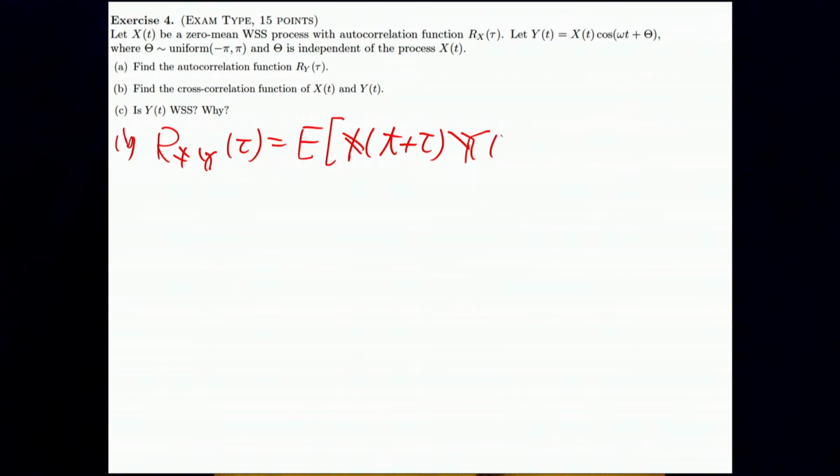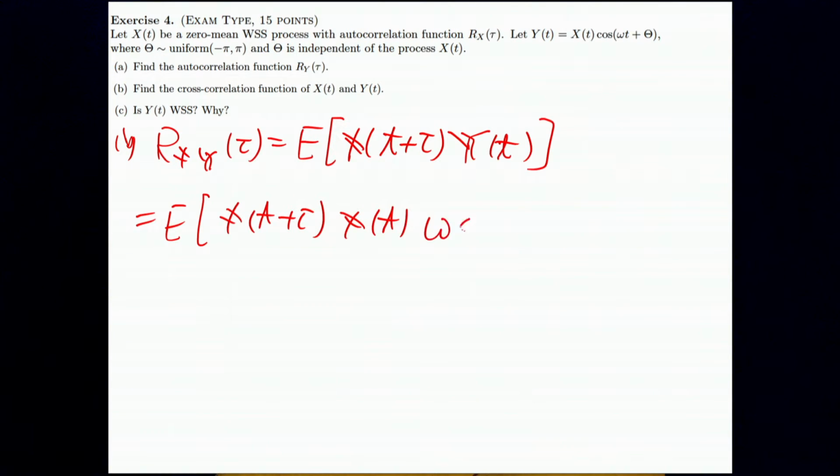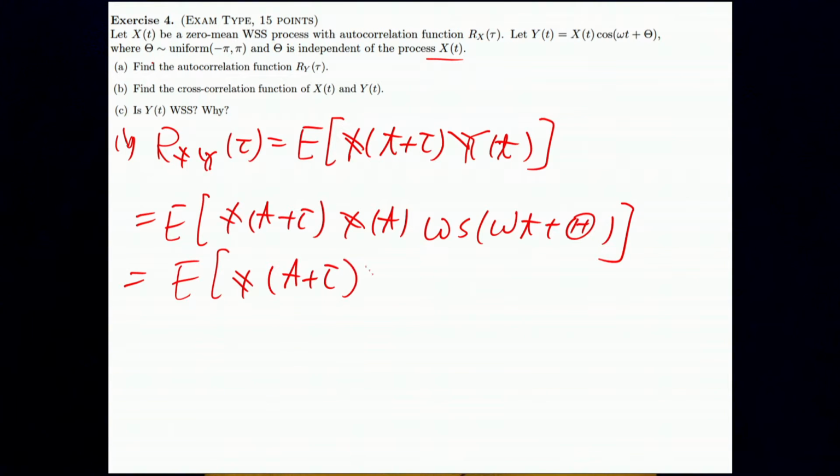Find the cross correlation. Cross correlation is the expectation of X(t plus tau) and the second one only t, so this is also the expectation of X(t plus tau) times Y, which is X(t) cosine omega t plus theta. And since X(t) and theta are independent, I can separate this expectation.